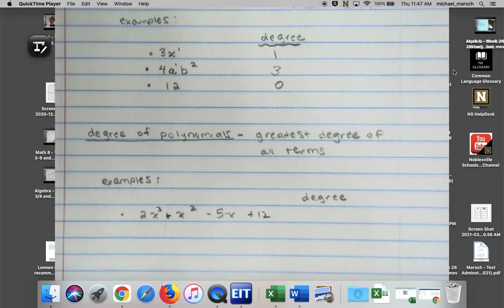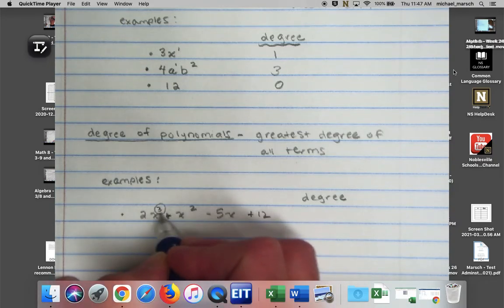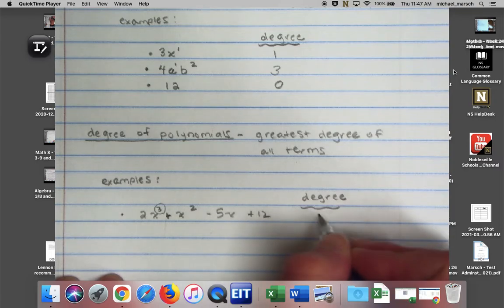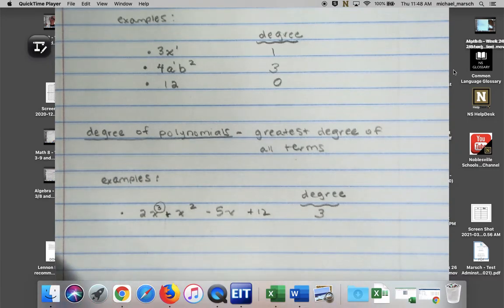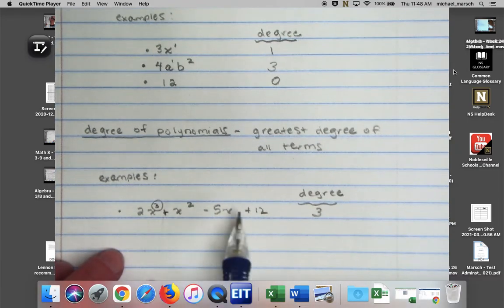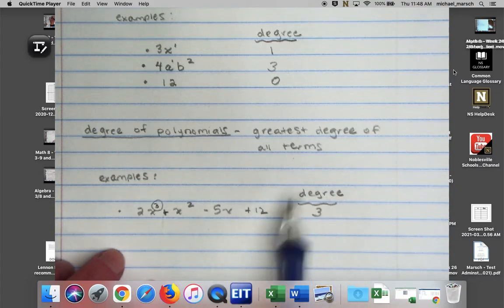Which term has the highest degree? This one right here, right? So for my answer here, it's just going to be 3. I'm not going to add all those up. My degree of this polynomial is going to be 3. So you find which one has the highest exponent value, and that becomes your degree.